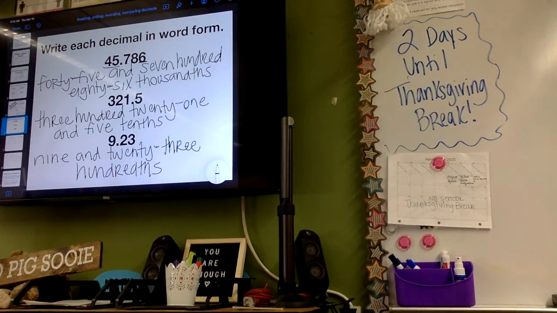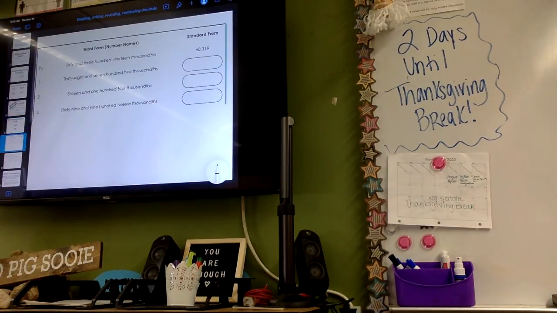They work, don't they? Okay, so let's look at this next page. So next slide on your paper. It's going from word form to standard form. Whenever you see the word standard form, that means it's just numbers. Okay, standard form means numbers. So here's what I want you to do.